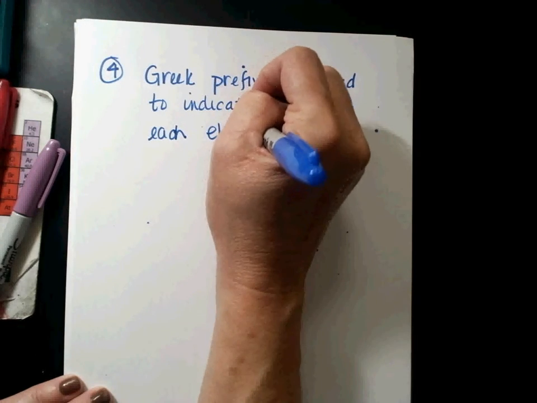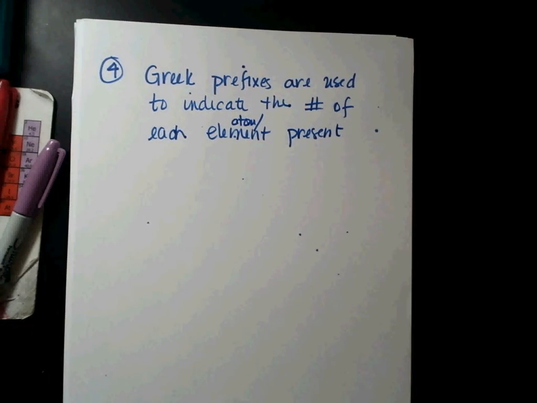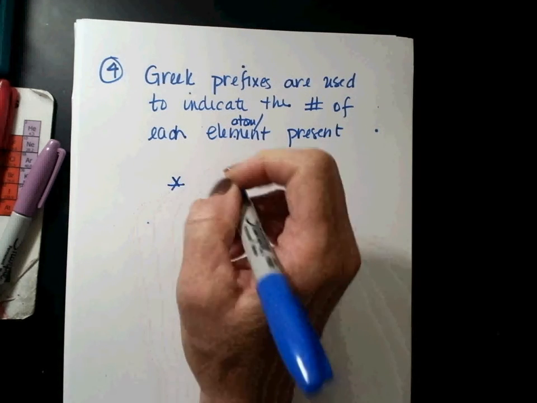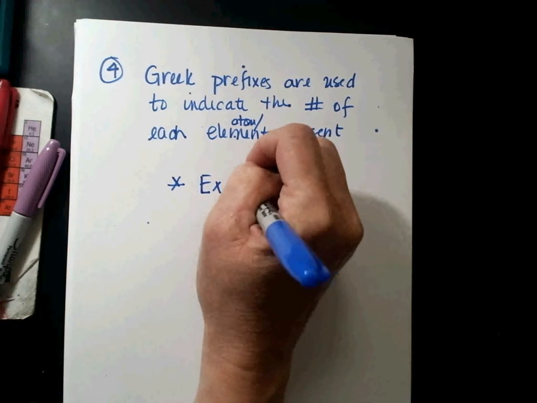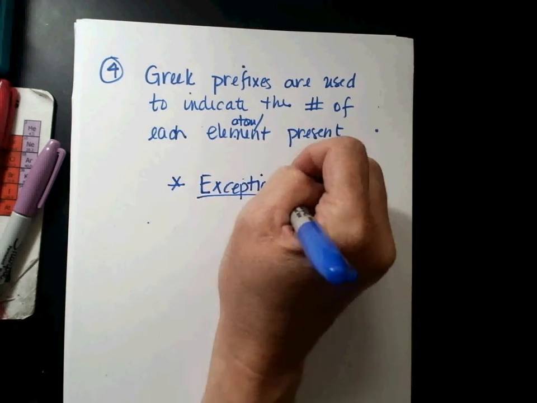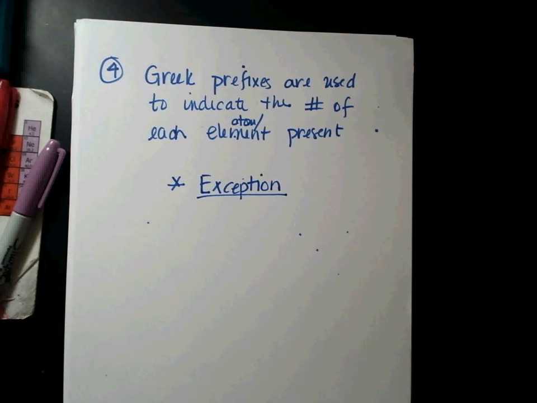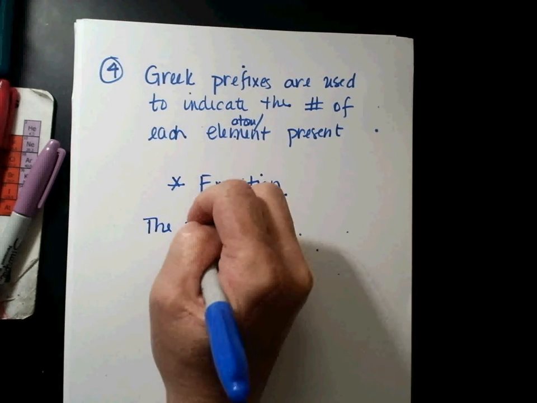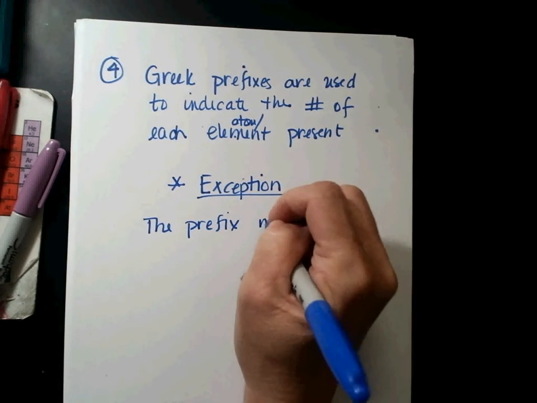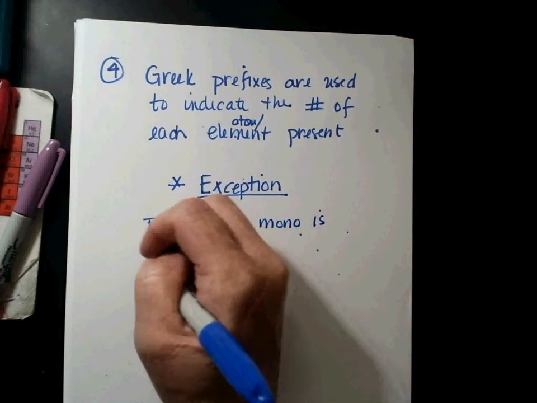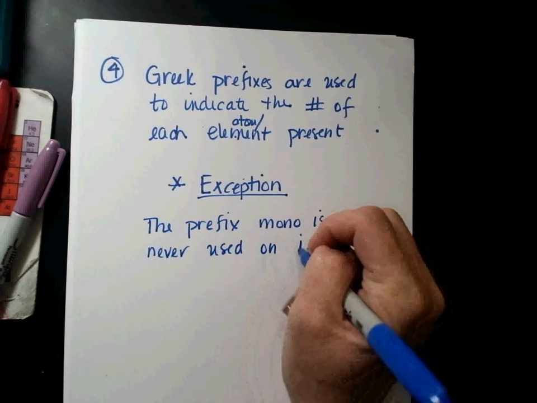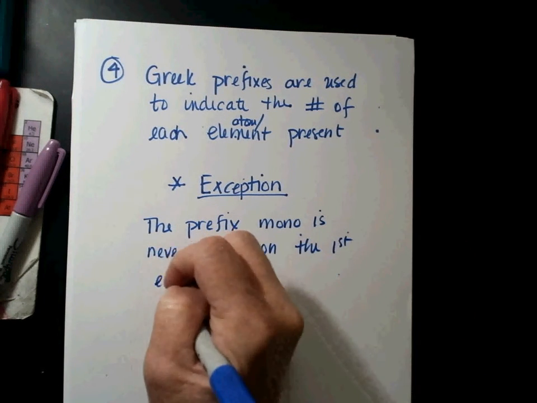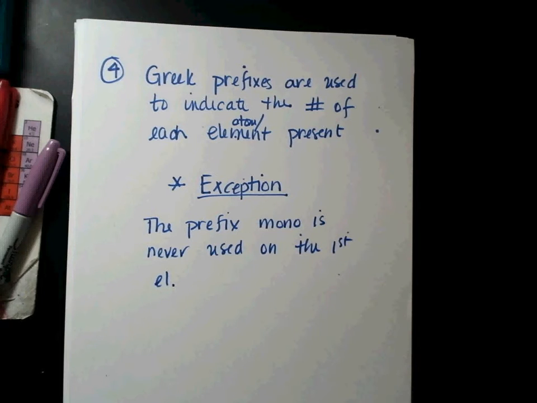I should say really atoms of element present. There's one exception here that you have to remember. The prefix mono is never used on the first element. So we never use mono on the first element.